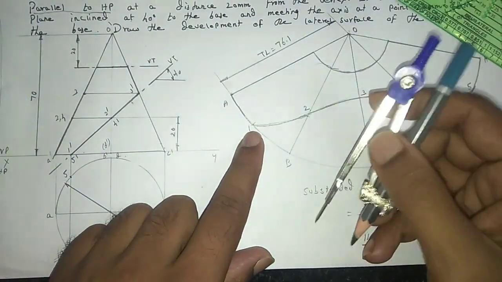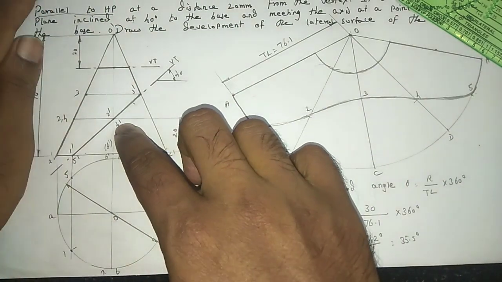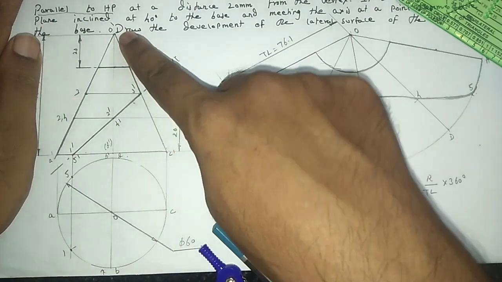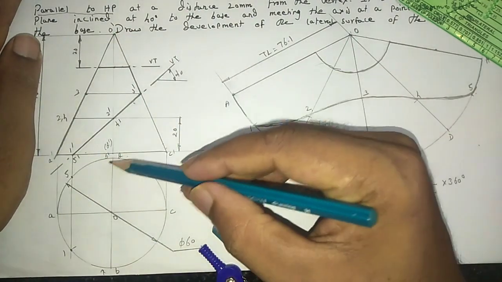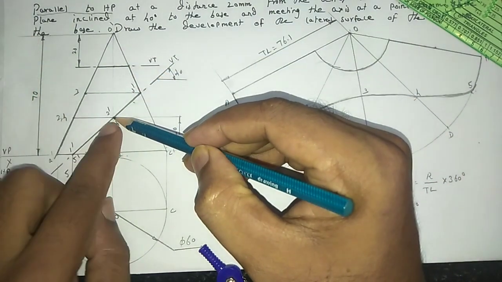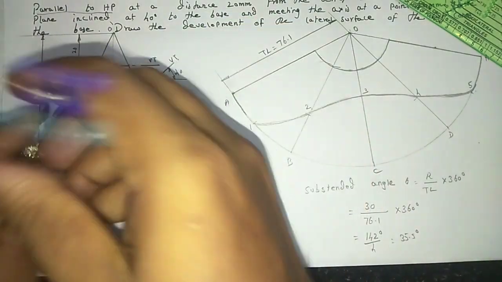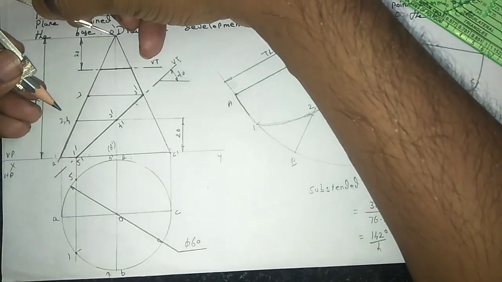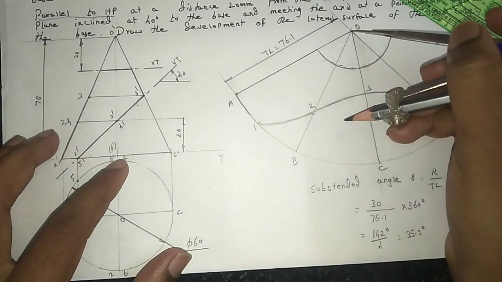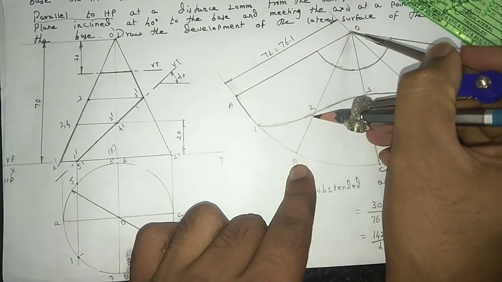Next, point number 2 is located on the imaginary slanting edge O and B. We transfer that cutting point to the true length and measure the distance of O and 2 from the true length. Measure the distance O and 2, and from the apex point O on the imaginary slanting line O and B we mark point number 2.